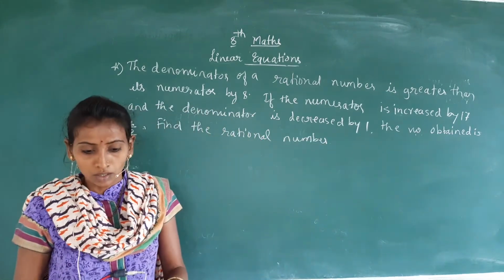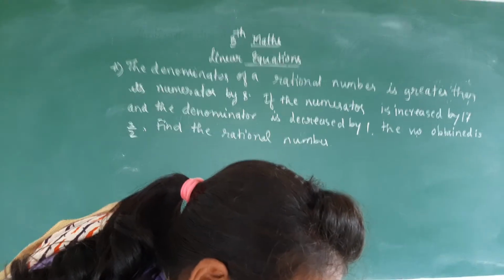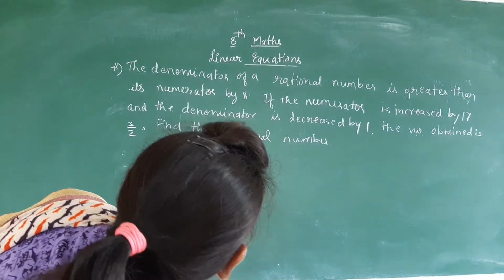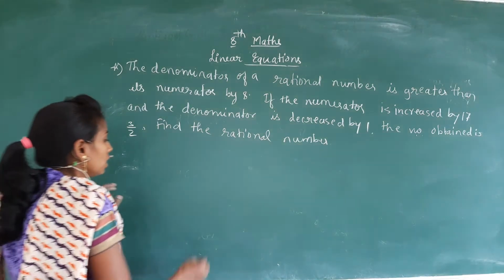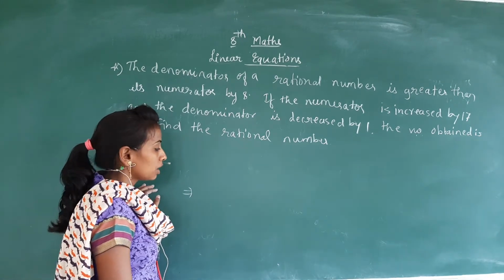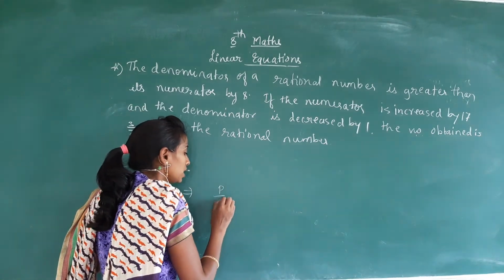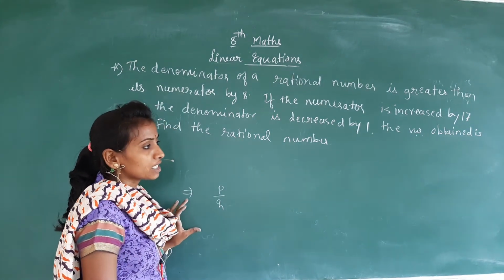See, what is the example now here? The denominator of a rational number. First we will define the rational number. A number which is in the form of p by q is called a rational number.